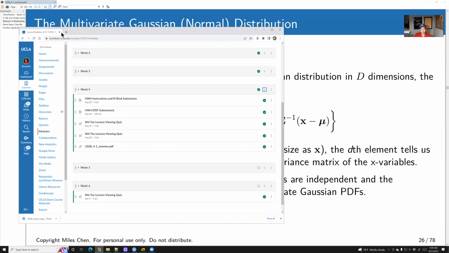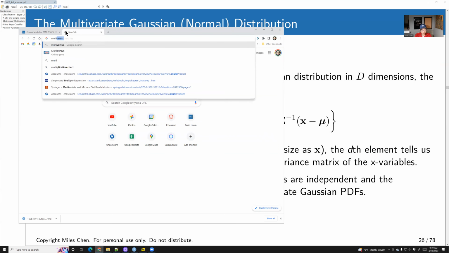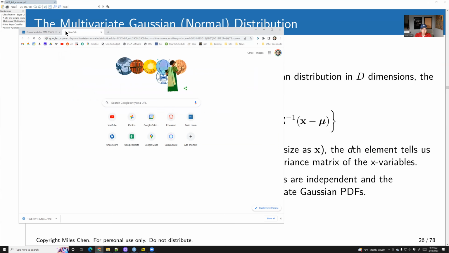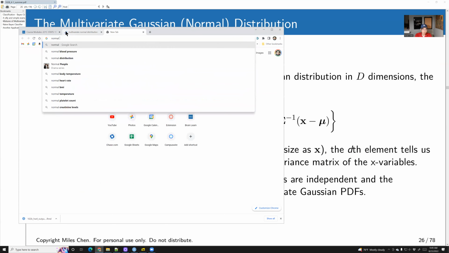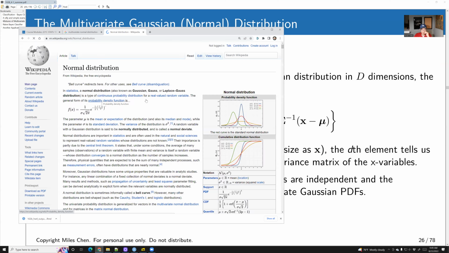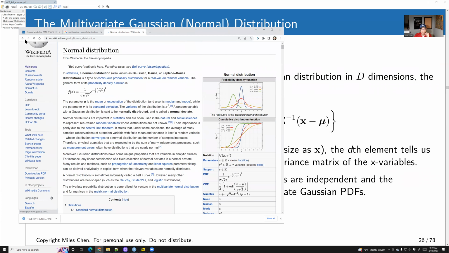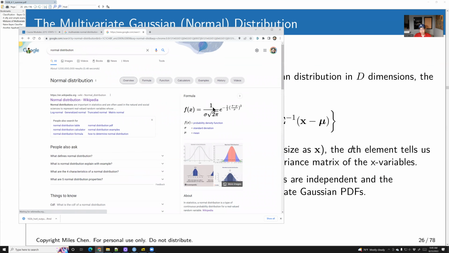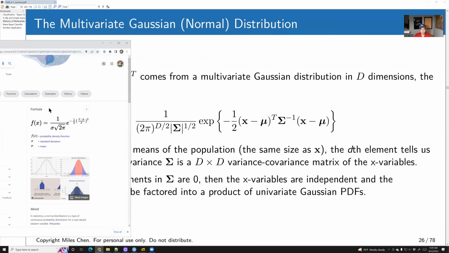But anyway, let me look up the multivariate normal distribution. I will also look up the normal distribution. I do want to point out the PDF for the normal distribution. If you compare it with that of the multivariate normal distribution, there are quite a few similarities.